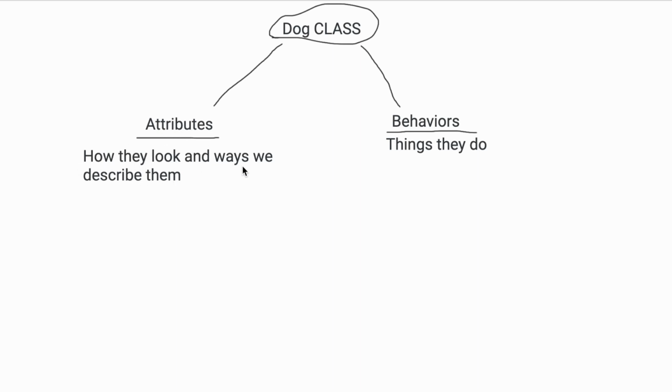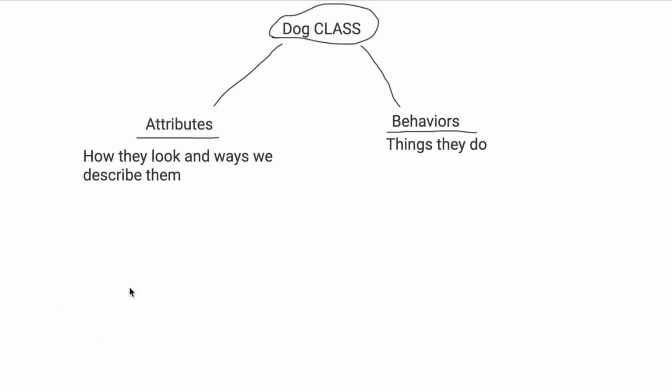Well, how do they look? What ways would we describe them? Those are a dog's attributes. So we may say that a dog has a certain color. They may have a name. They may have a weight. They may have a height. They may have long hair versus short hair.